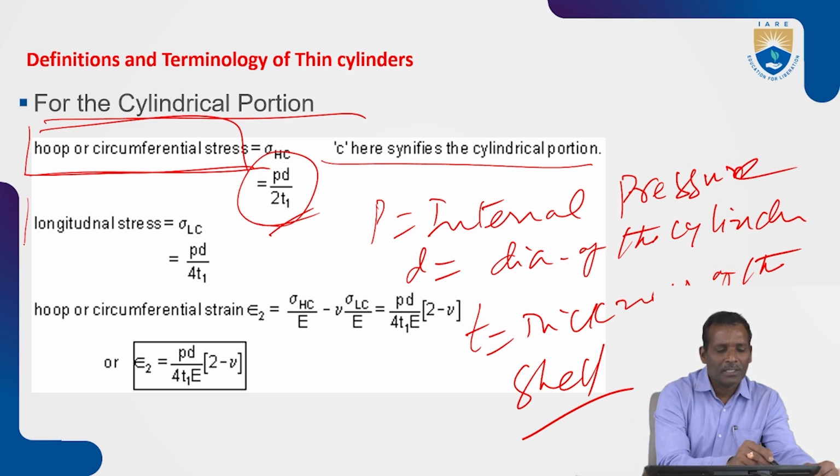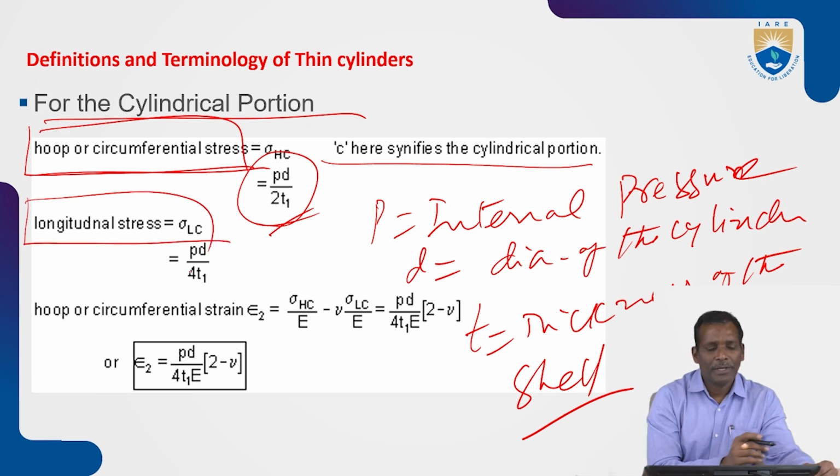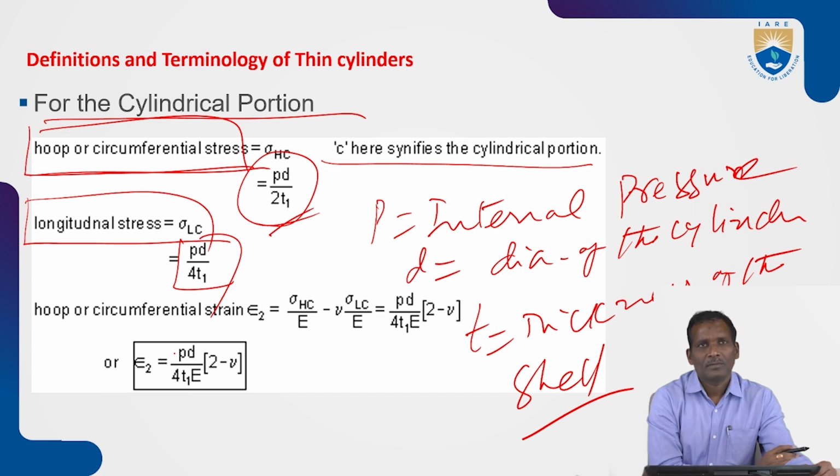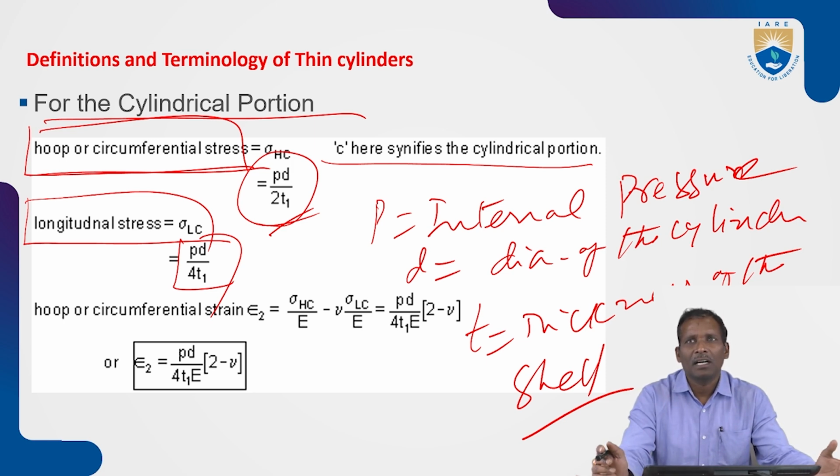The longitudinal stress, sigma_L, is PD by 4T1. Same, P is the internal pressure and D is the diameter of the cylinder. How do we calculate the hoop or circumferential strain?